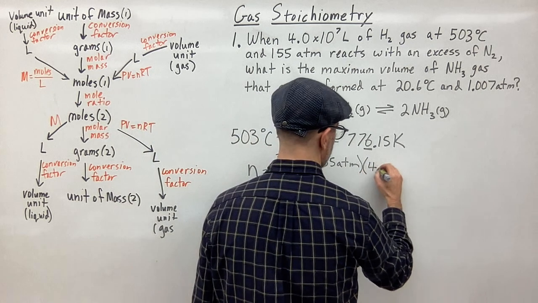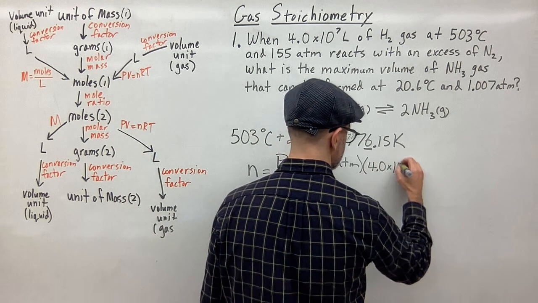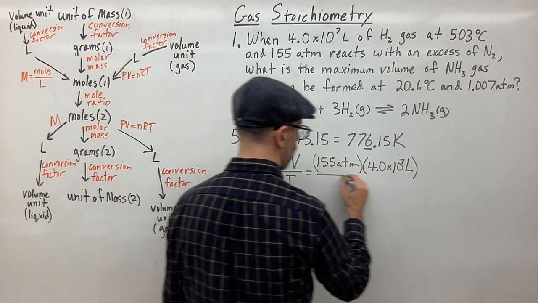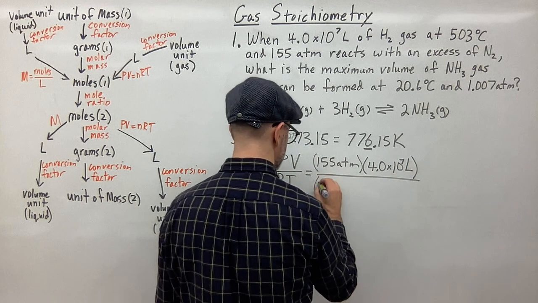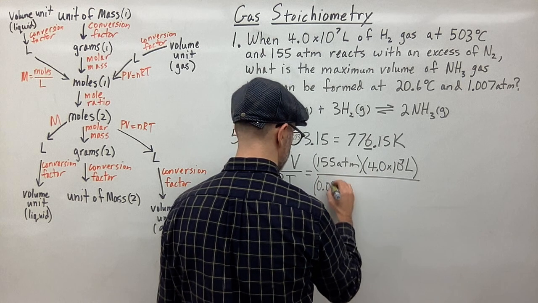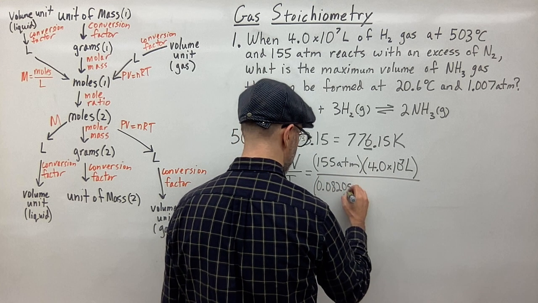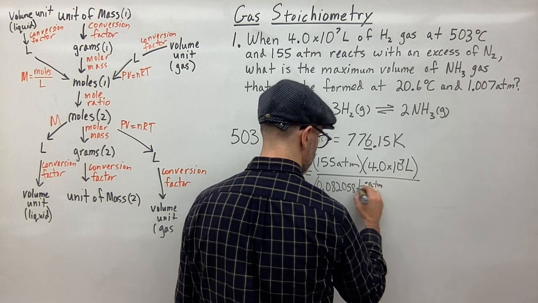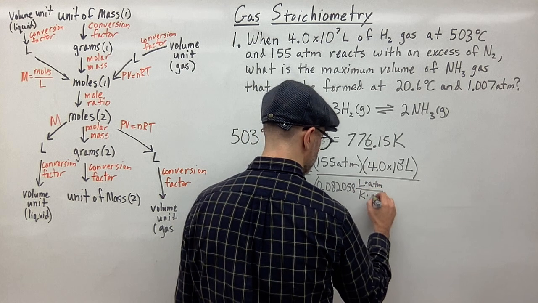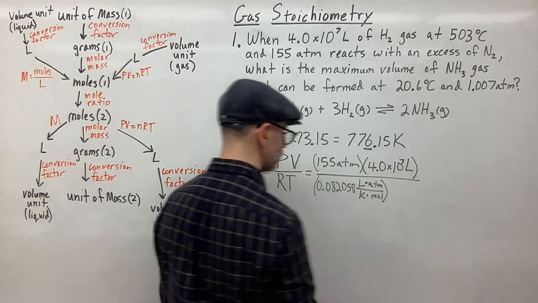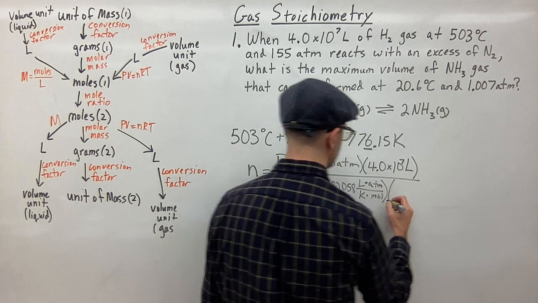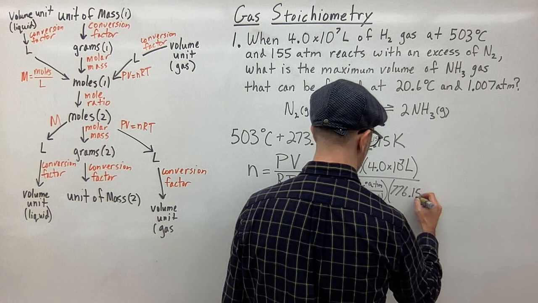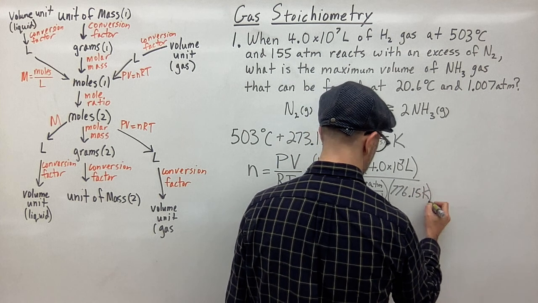So 4.0 times 10 to the 7 liters over R. R is going to be 0.082058, and that's liter atmospheres over Kelvin mole. And then the temperature is 776.15 Kelvin.